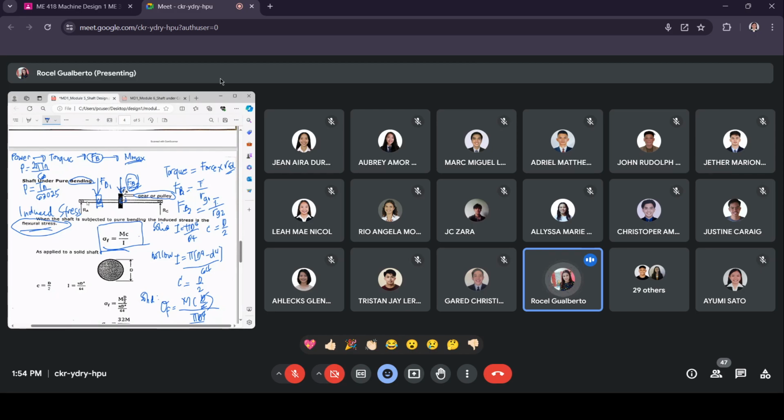And then you have here the bearings that will also serve as your supports. That is why you have your RA and your RC, which serve as the supports of your shaft. So there are corresponding reactions on the supports. So we call these RA and RC.